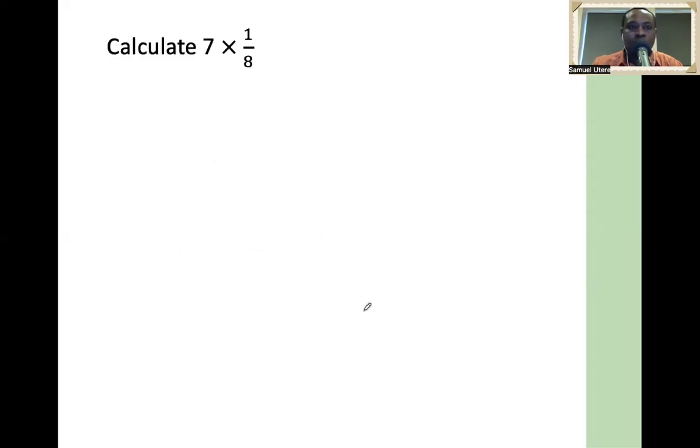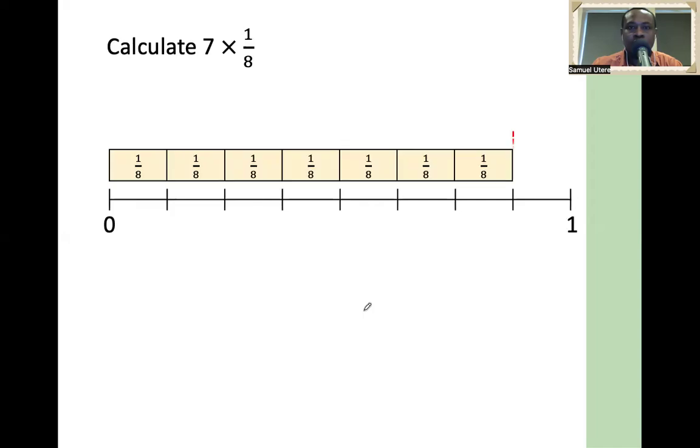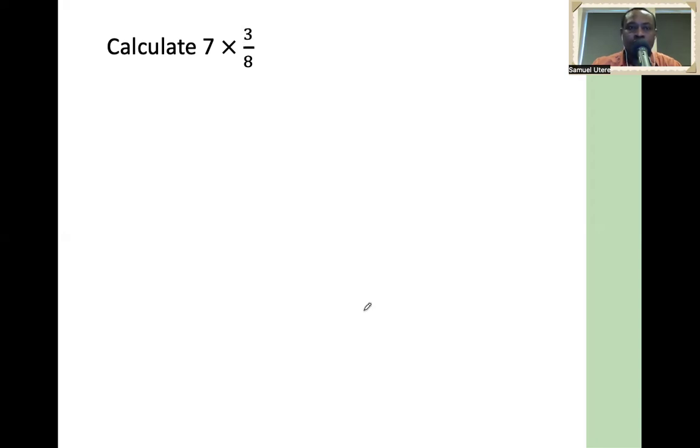Here we're asked to calculate 7 times 1/8. Well, using the approach we've already learned, if we represent it on the number line, it is having 1/8, but we have 7 lots of that. So this is 7/8. What about this one?